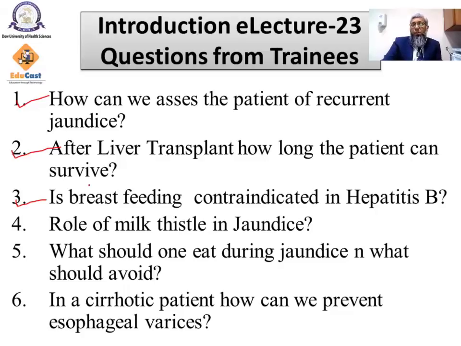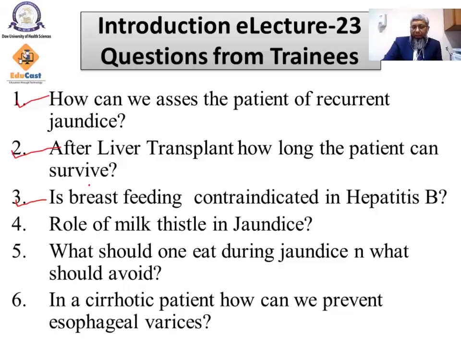The other important thing is to control transmission of hepatitis B from the mother to the newborn. What I tell my patients is that, being Muslim, we are in a hurry to bathe the child and then give them the azan.